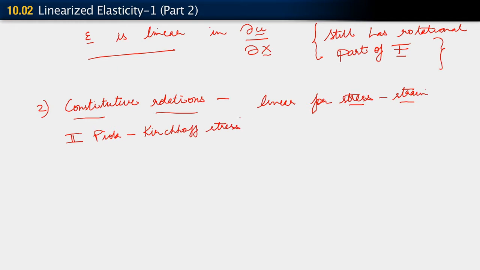Recall how this is done. We start out by saying that psi equals psi hat of E, for our hyperelastic strain energy density function. And then we observe that S is obtained as this derivative.